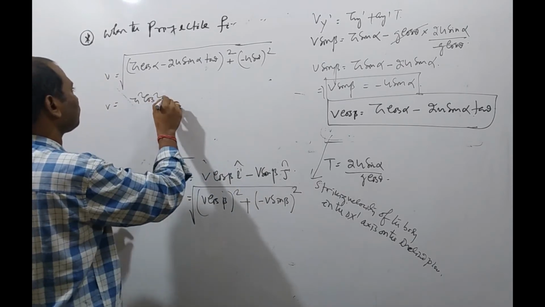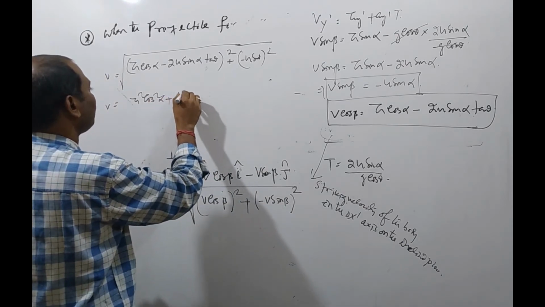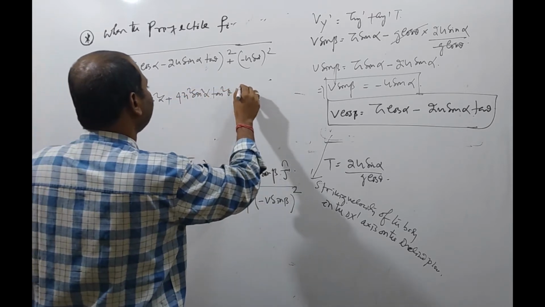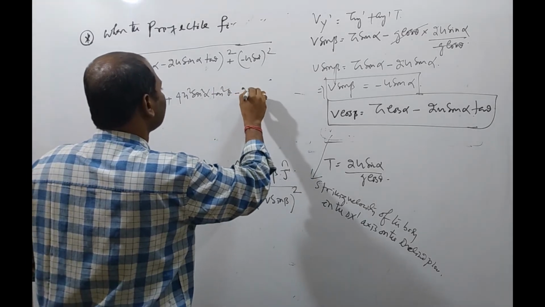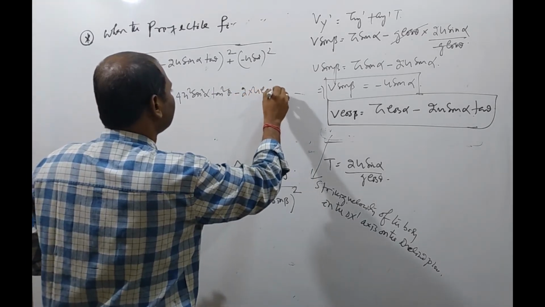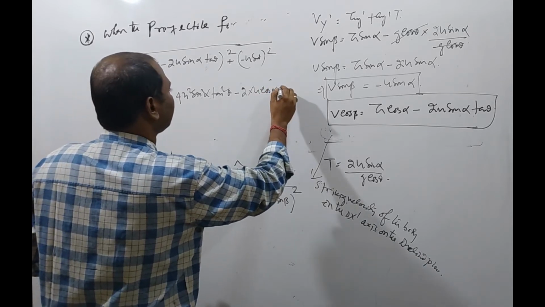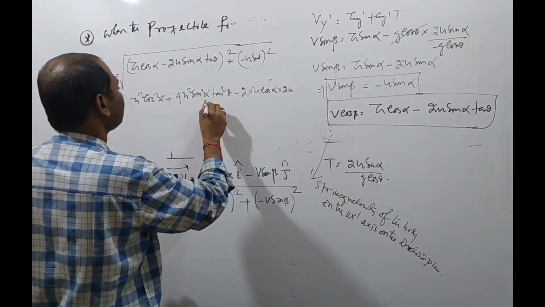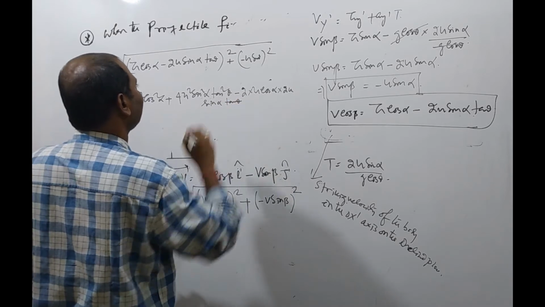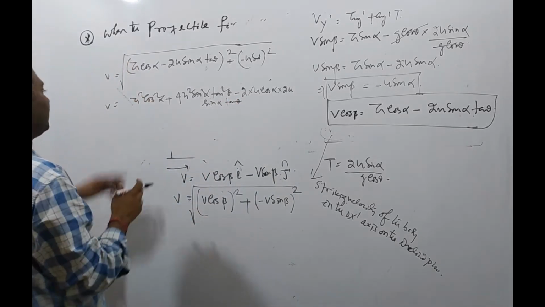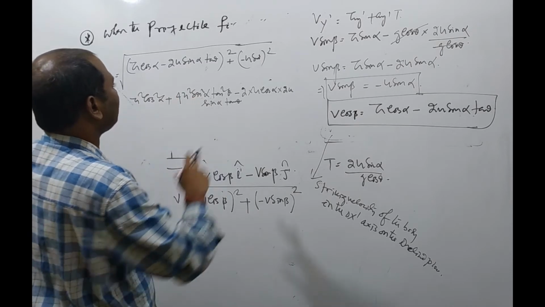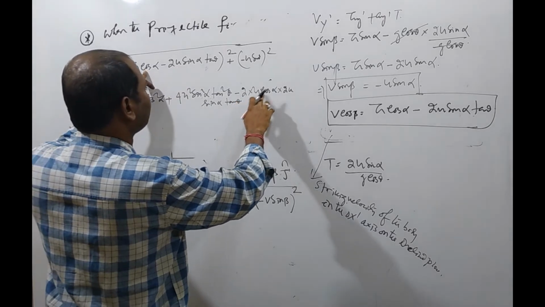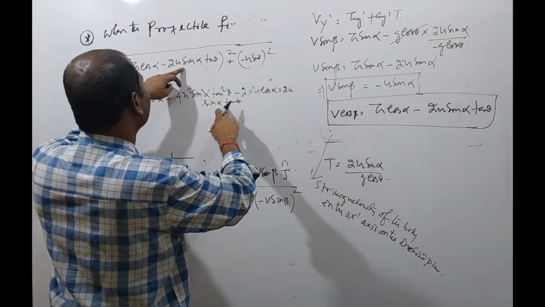Write this: u square cos square alpha plus 4u square sin square alpha tan square theta minus 2 into u cos alpha into 2u sin alpha tan theta. a square plus b square minus 2ab, minus 2 into a, u cos alpha, into b, 2u sin alpha tan theta.